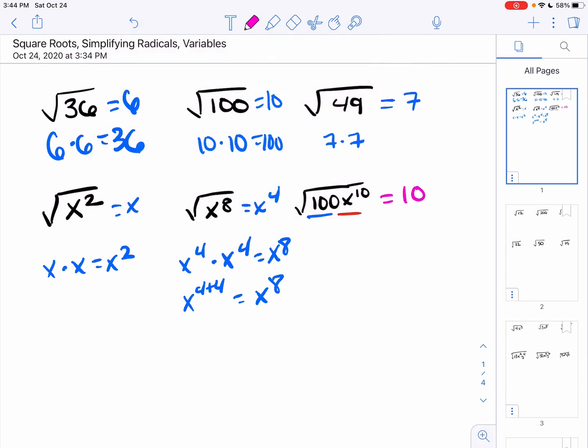And the square root of x to the 10th, because 10 is an even number, 10 divided by 2 is 5. So the square root of x to the 10th is x to the 5th. The reason why I divided 10 by 2 is because x to the 5th times x to the 5th equals x to the 10th. All right.